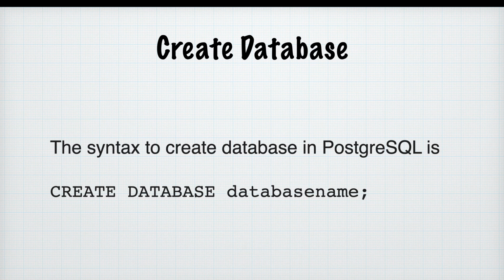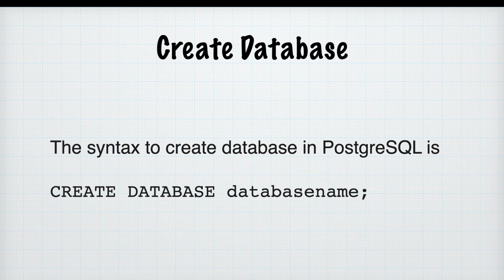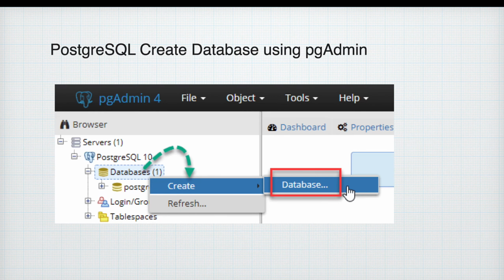So in this video you see that we have create database and database name, so you put whatever name that you want to put there. There are two ways of doing it. The first one is using the script or the command to actually write it, or using the graphical user interface to do it. So we're going to try both of them, and then we'll come back to this presentation again.